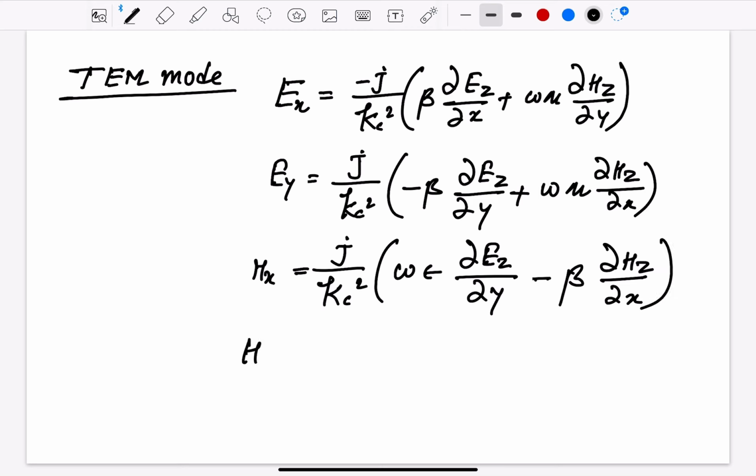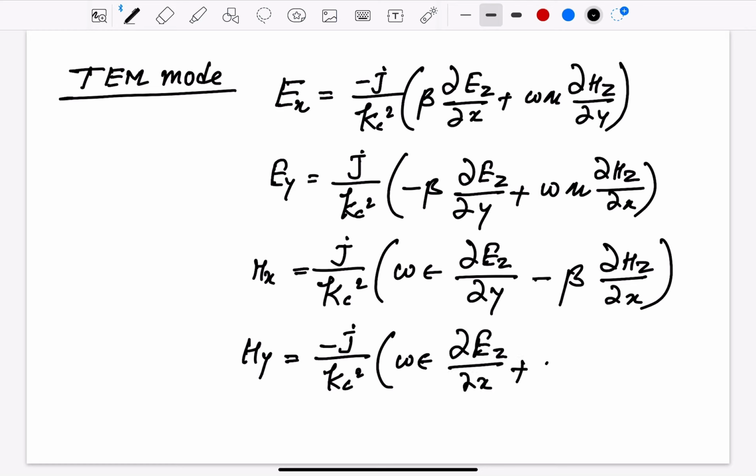The last component, if you can recall, is j by kc square, omega epsilon dou Ez over dou x plus beta dou Hz over dou y. Fine. So these were the transverse field equations that we saw last time.